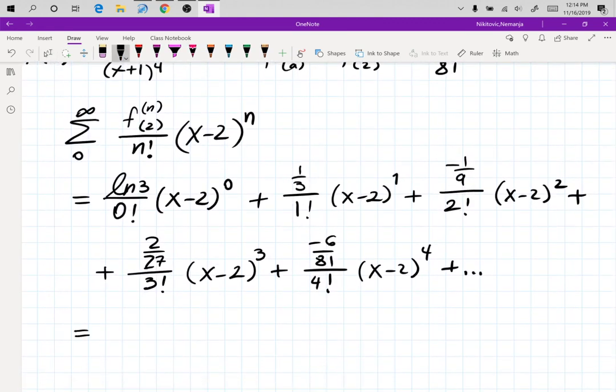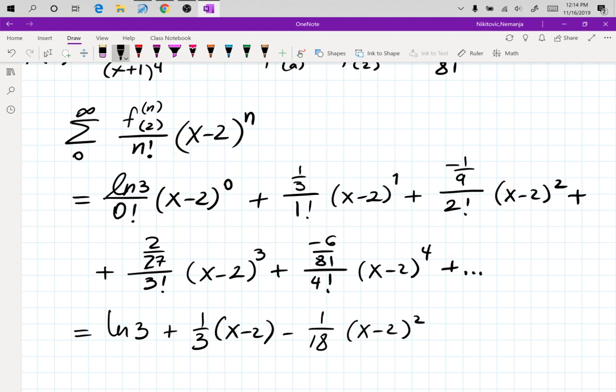So we start with ln 3 plus 1/3 x minus 2 minus 1 over 18 when you do the double fraction of x minus 2 squared. Now that's a 9. 81 times 3, 243.